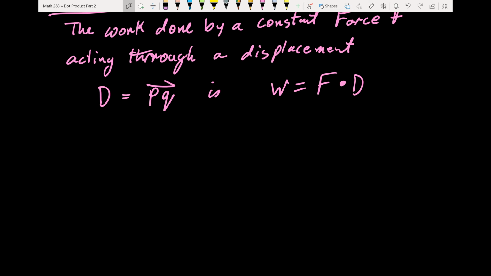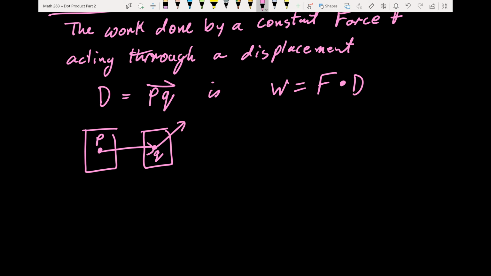So let's look at the object right over here, P to Q. When you're pushing it, does it go horizontally right away?